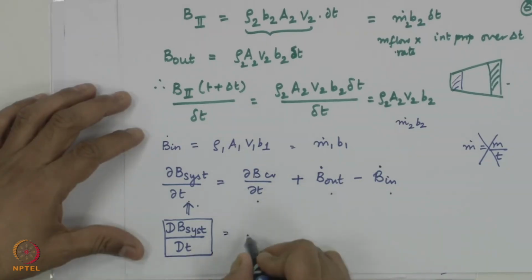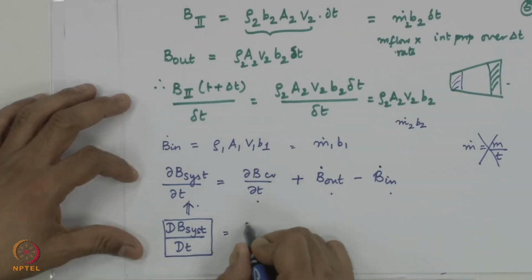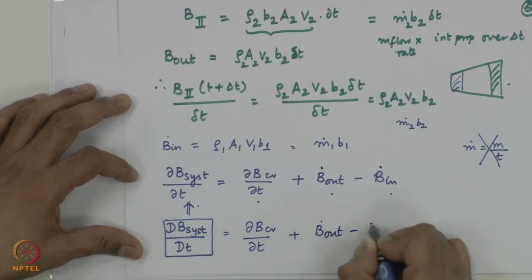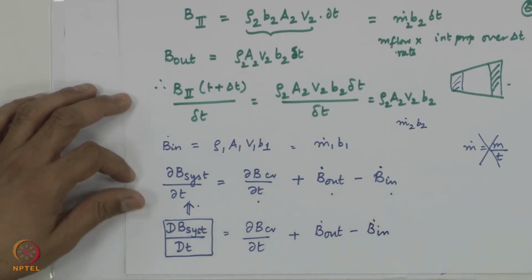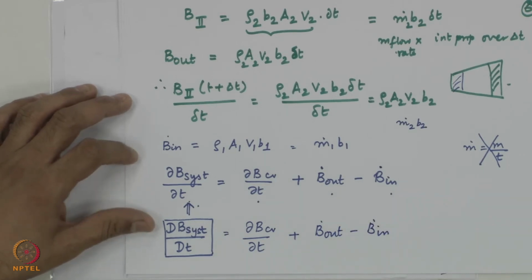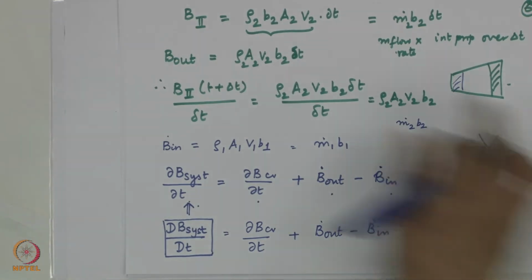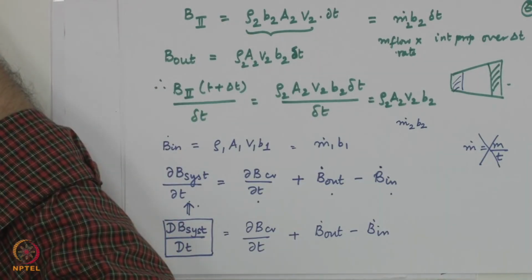This one is nothing but what is there for the control volume, dB CV by dt plus B dot out minus B dot in. This form is not yet useful, so we are just going to write the form that we like. This is now going to look as it is, B dot out minus B dot in.